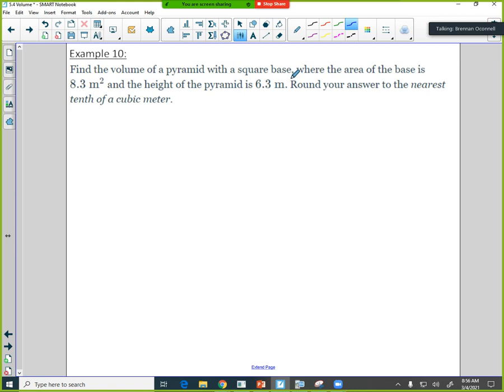All right. Find the volume of a pyramid with a square base where the area of the base is 8.3 square meters and the height of the pyramid is 6.3 meters. Round your answer to the nearest tenth of a cubic meter. Now here's one where, how well can I draw these?